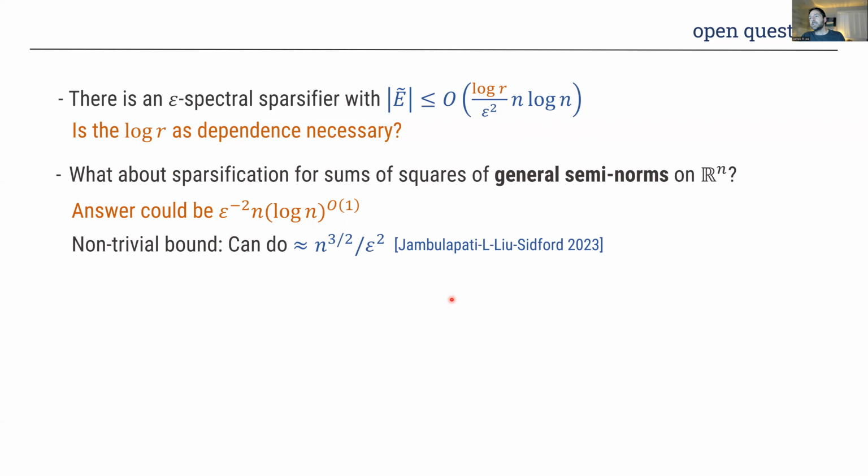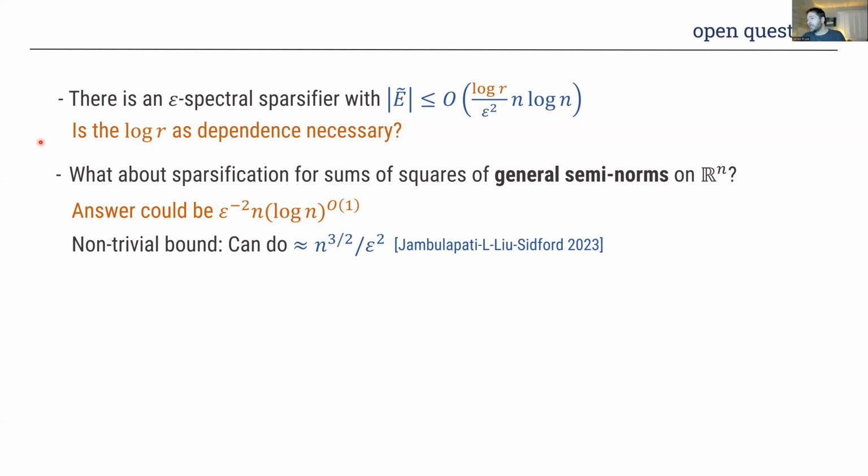So in this paper with Yang Liu and Aaron Sidford, we showed you can do this if you consider L1 sums of the norm, so just regular sums. And for L2 sums, we don't get near linear, but we do get something non-trivial. So the trivial bound, if you are a little bit careful, is n squared, and we give n to the 3/2.